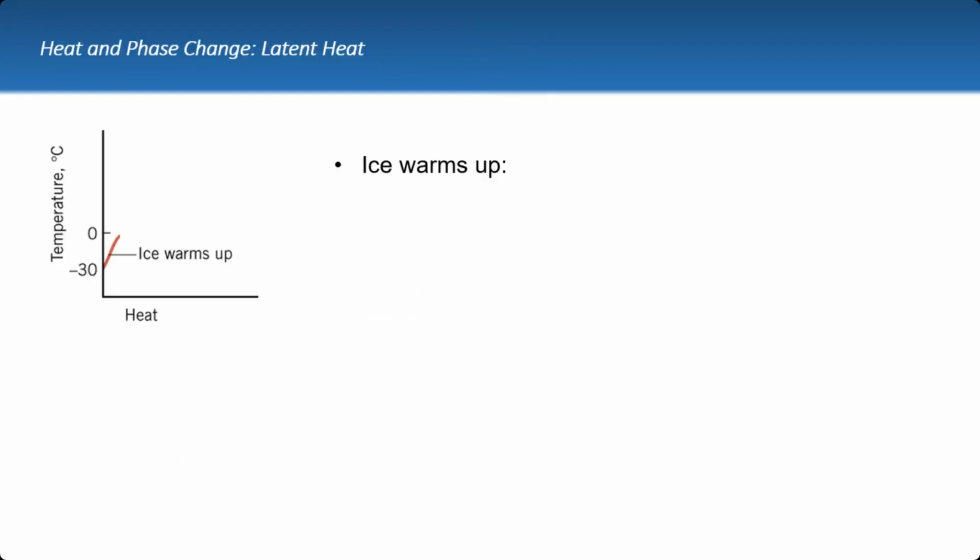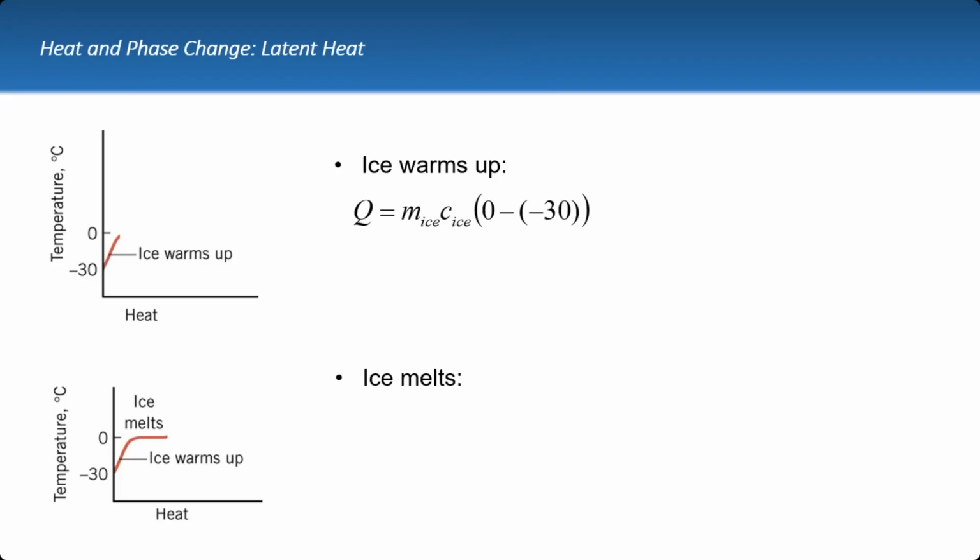So I want you to look at this section. The ice warms up all the way to 0. So the energy involved is the mass of ice times the specific heat of ice times the change of temperature from minus 30 to 0. Now, once the ice reaches 0 degrees Celsius, this is the melting point of ice.